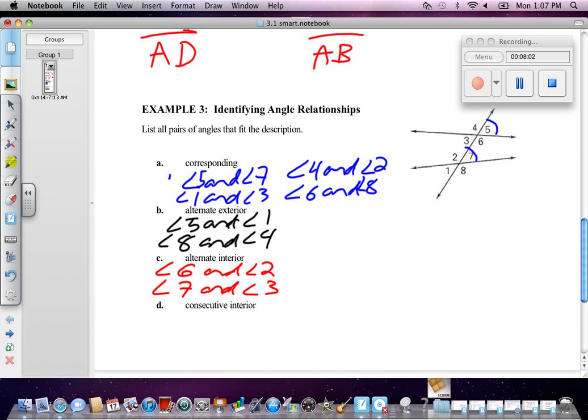Okay, so you're saying that angles like 4 and 2 are equal? Yes. All of these are set up, they're equal to each other. Consecutive interior angles, like 6 and 7, 2 and 3, are not equal, they are supplementary. They add up to 180.